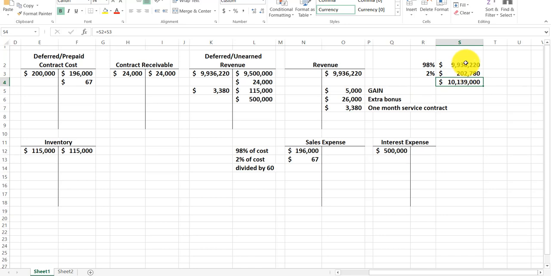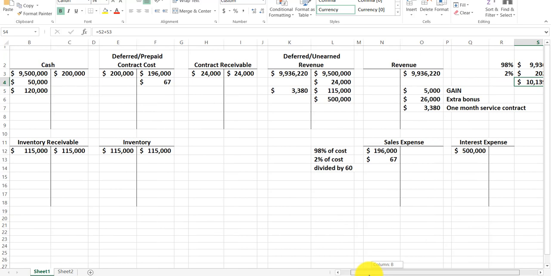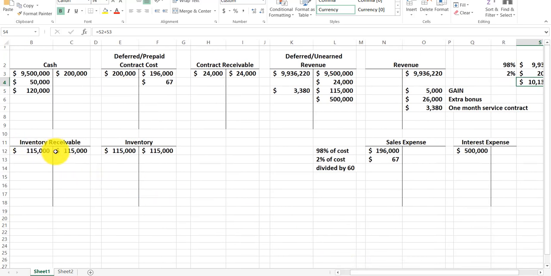So once you allocated that, then when you deliver the installation, get it all installed, you're going to debit unearned revenue and credit revenue. So that recognizes the revenue. Now, when you get the equipment or the inventory, first of all, we credit the receivable and debit inventory, and then we sell it, we actually get $120,000 instead of $115,000.